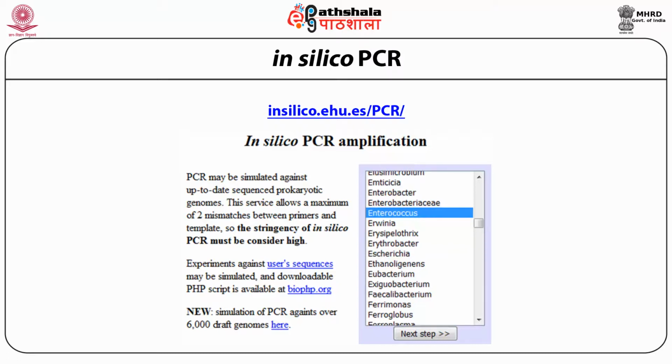Visit insilico.ehu.es/PCR to check if the designed primer pair will be able to amplify only the target DNA and not any other stretch of DNA in the genome of Enterococcus faecalis V583. Select Enterococcus and click Next button.